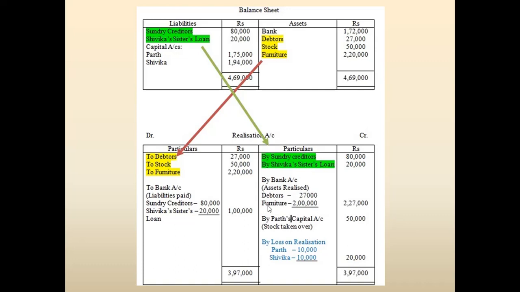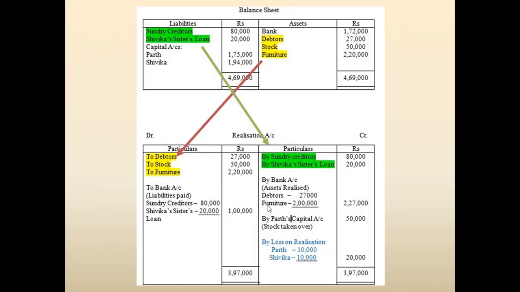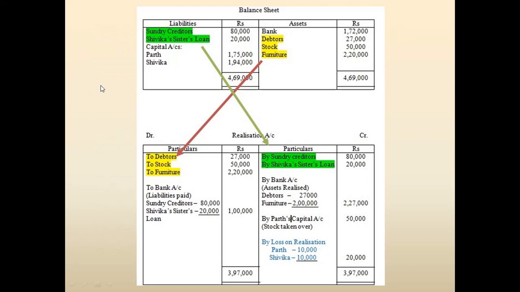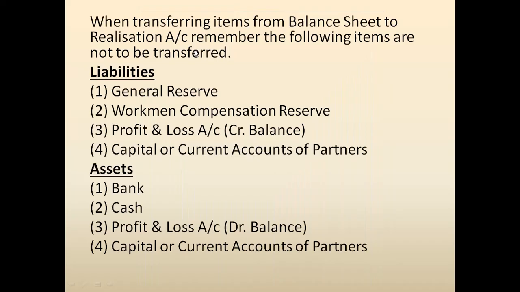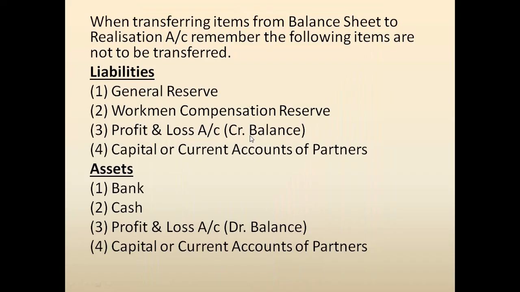Remember that whenever you transfer items from the balance sheet to the realization account, these items will not appear. Number one, from the liabilities column: general reserve, workmen compensation reserve, profit and loss account, if it is a credit balance, it will appear in the liabilities column, isn't it?